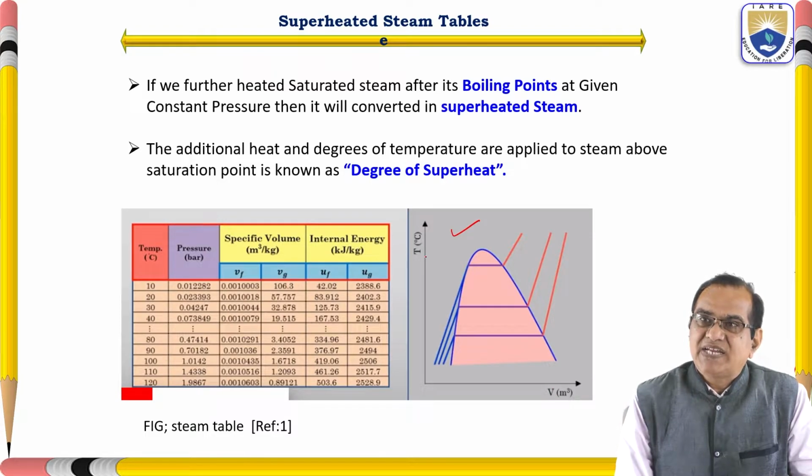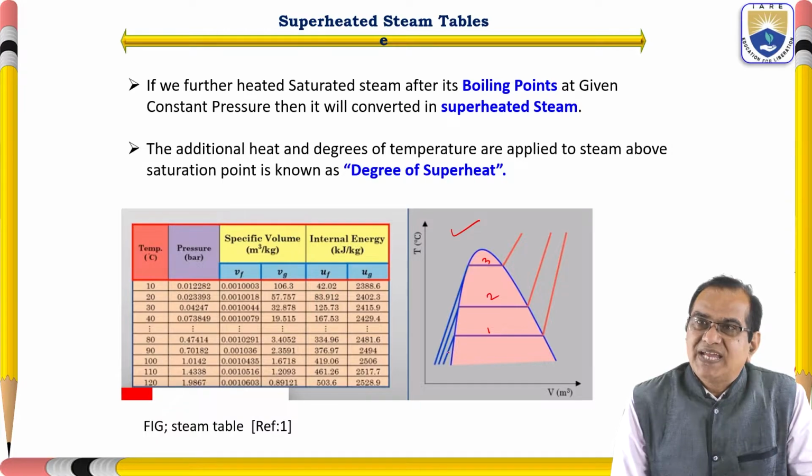T is in degree centigrade and v is in meter cube. If you see points 1, 2 and 3, from here to here it is the compressed liquid region, this is the vapor region, and this is the superheated region.